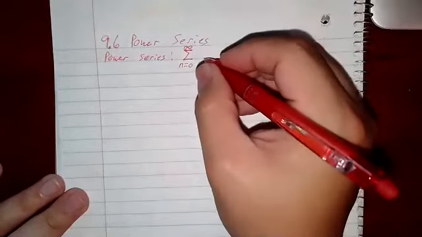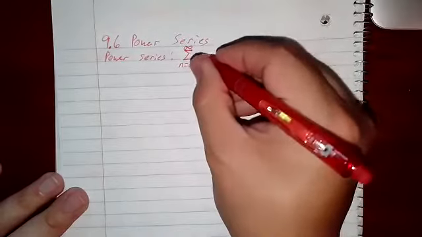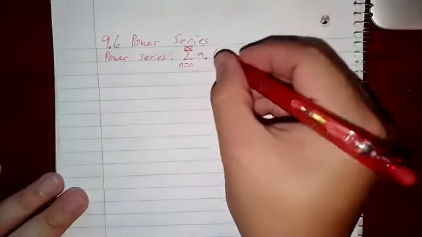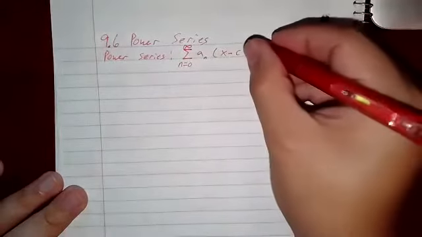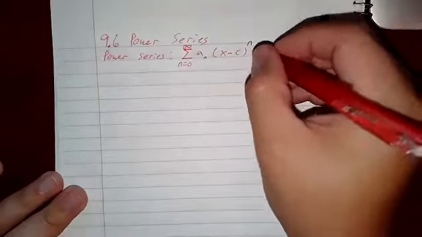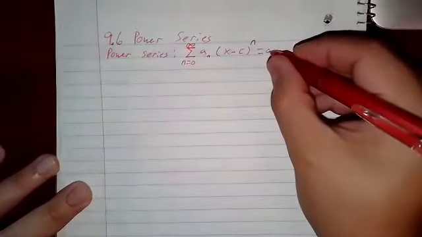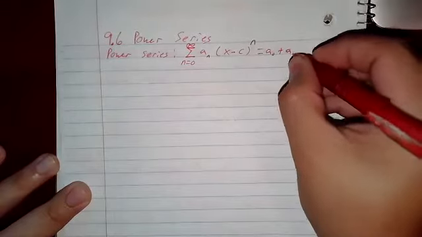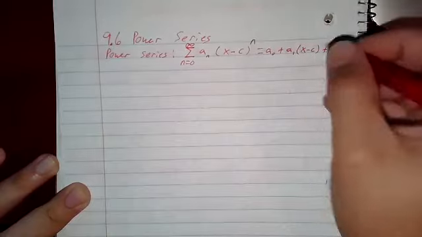Okay. So power series, the sum of a sub n times x minus c to the n, is equal to a naught plus a1 times x minus c plus, there's not enough space here.